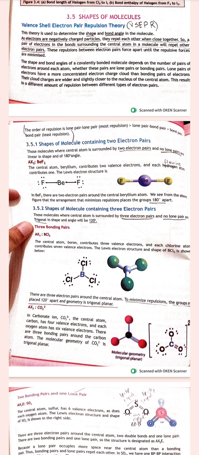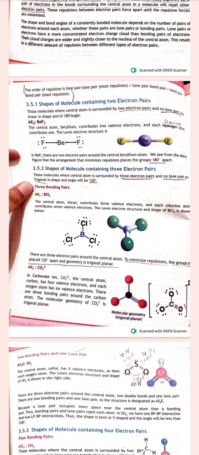If there are many lone pairs, 1, 2, 3, the bond angle will vary accordingly. The order of repulsion: lone pair-lone pair has the most repulsion, then lone pair-bond pair, and bond pair-bond pair has the least repulsion.